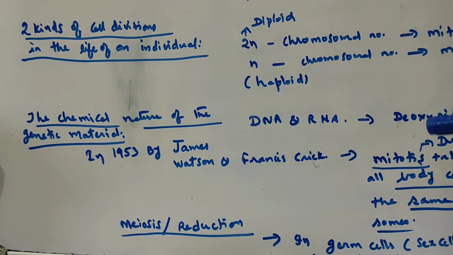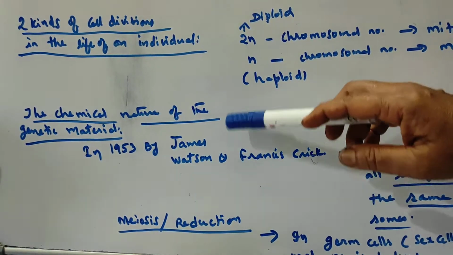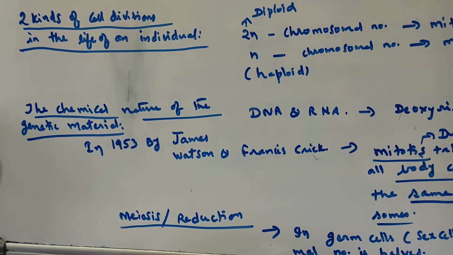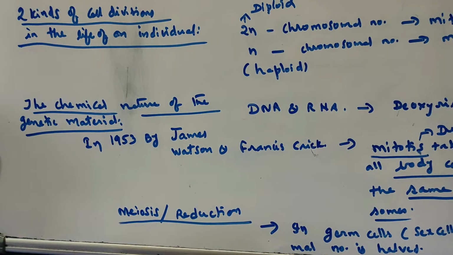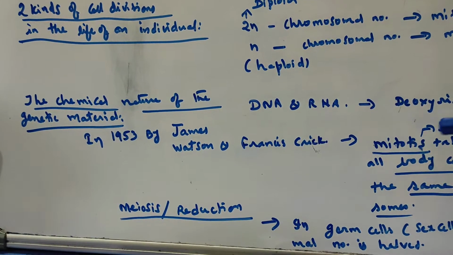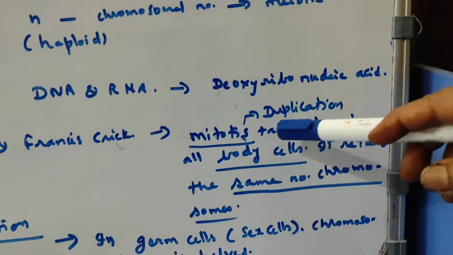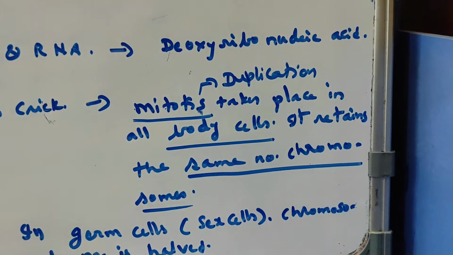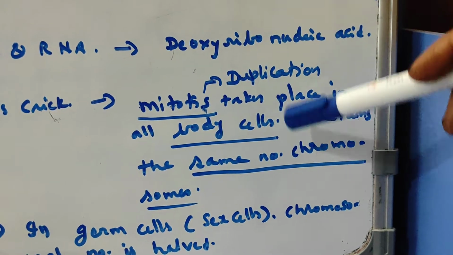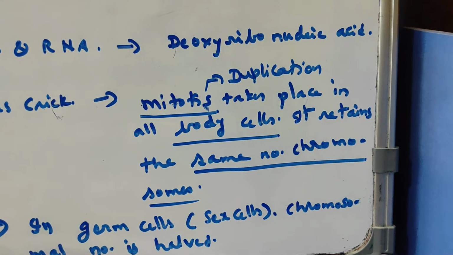The next one is, in 1953 by James Watson and Francis Crick. Actually, we say Watson and Crick model. Both of them observed that mitosis, that is the duplication, takes place in all the body cells. It retains the same number of chromosomes, because in mitosis the number of chromosomes should not be changed.